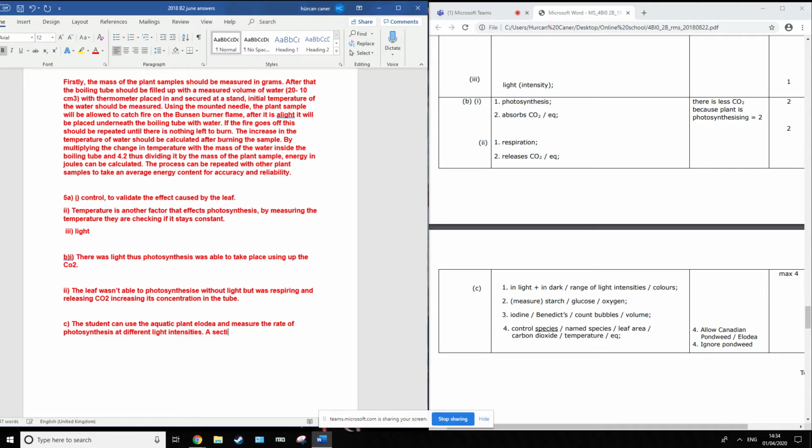A section of the plant Elodea can be used upside down in a test tube filled with water.